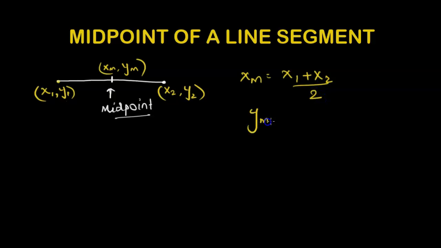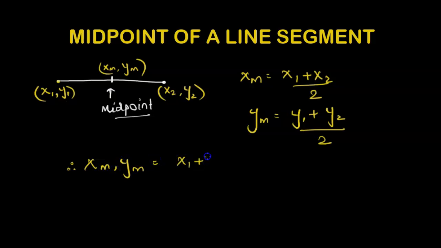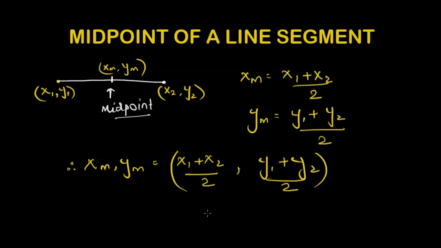Similarly, to find the y coordinate of the midpoint, we would take the average of the y coordinates of the two endpoints. Therefore, the coordinate of the midpoint would be x1 plus x2 divided by 2, comma, y1 plus y2 divided by 2. Let's do an example question to understand it better.